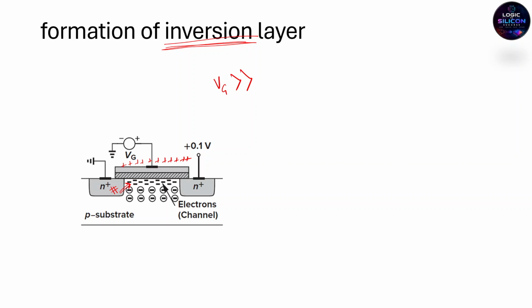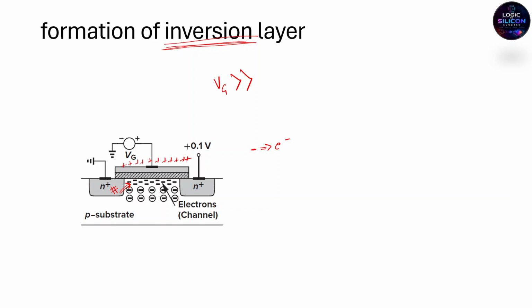Why will electrons come here? Because of this positive bias, because positive will attract the negative. So once we increase the Vg further, it will start attracting the negative charges, that is, the electrons. This dash is nothing but a representation of electrons. So these all are the electrons.